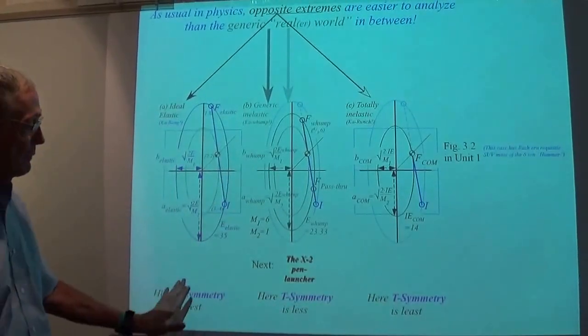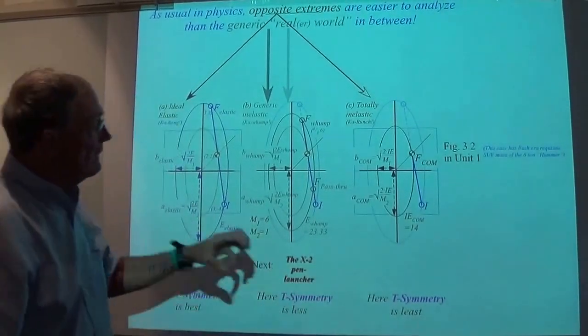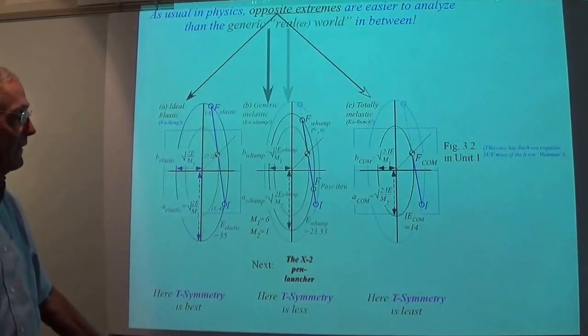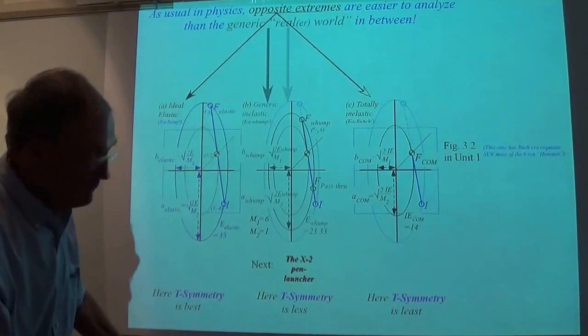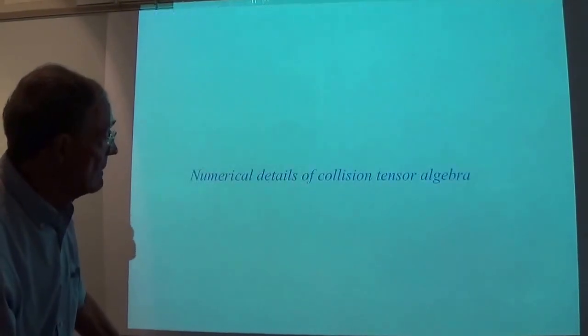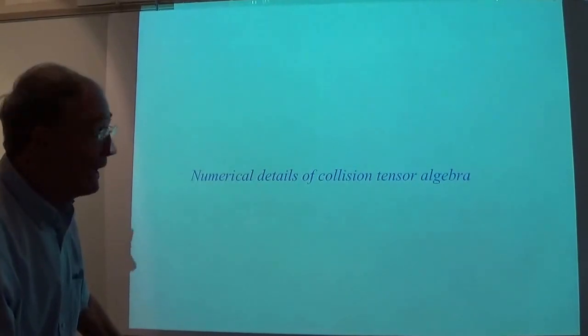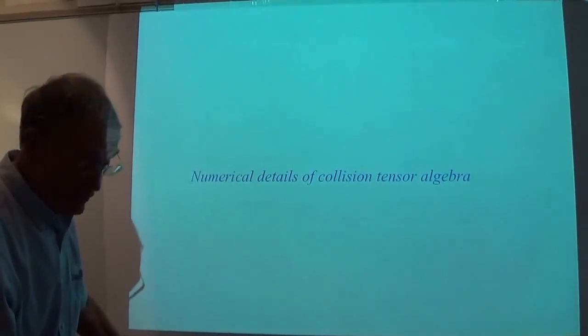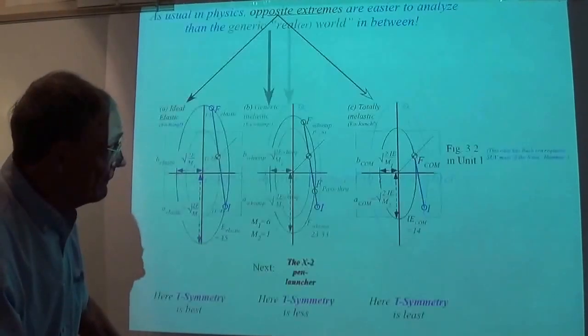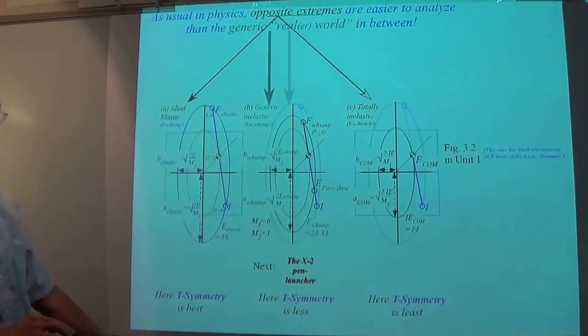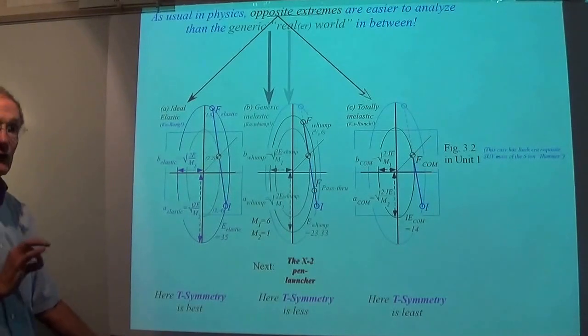The real world is a continuum, depending on the mechanics of the bumpers or whatever of these colliding bodies. Okay, numerical details. We have enough time, I think, to do this. Are there any questions, though, before we leave the geometrical description and just go ahead and do the algebra?